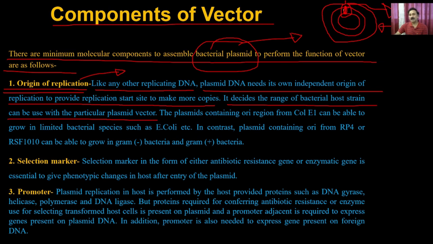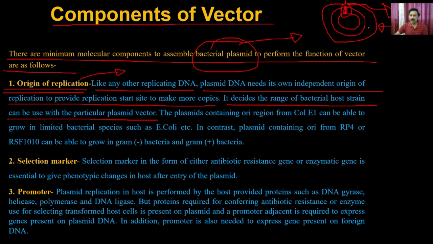A bacterial plasmid will not replicate in a mammalian system, because the mammalian system provides DNA polymerase, helicases or SSBs which are not going to recognize this DNA. You require the DNA polymerase, helicases, SSBs and tethering proteins from the bacterial origin, so that it is recognized by that machinery and replicates.